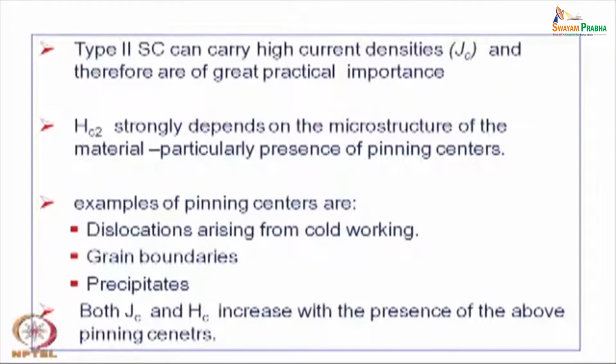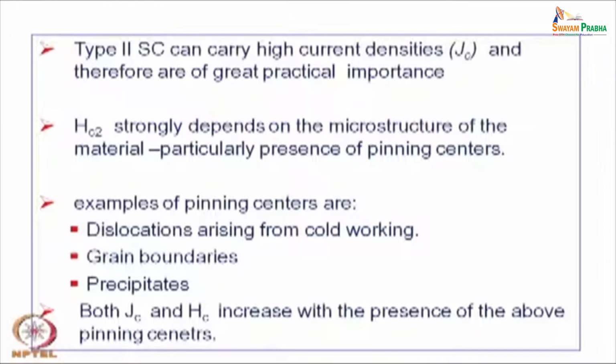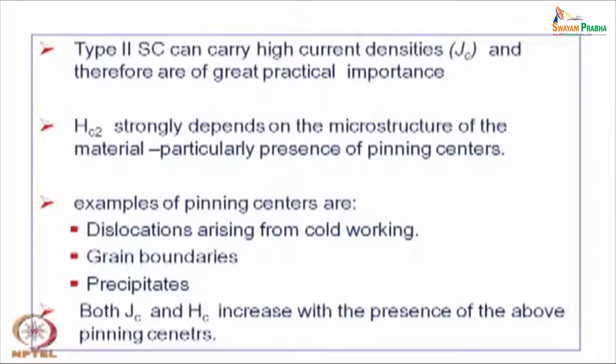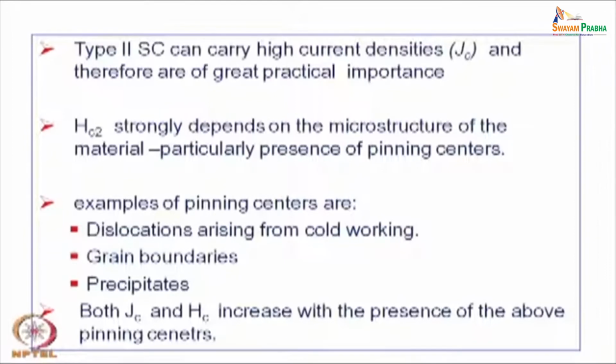As you have seen, between Hc1 and Hc2, the magnetic lines of force start penetrating. Now, it is the repulsive action which actually retains the superconducting property. So, if you can avoid penetration of the lines of force through the material, then the Hc2 will increase.